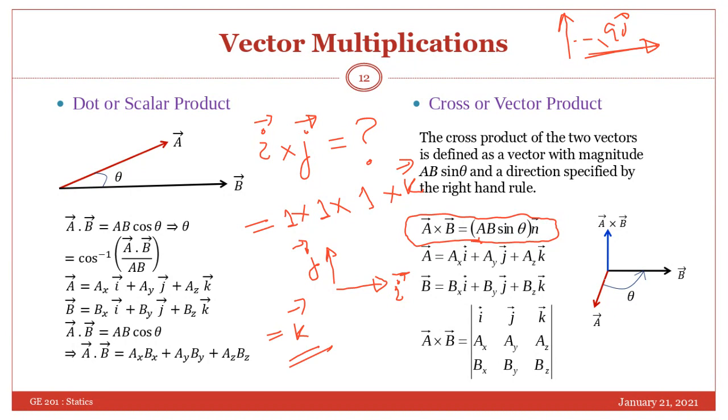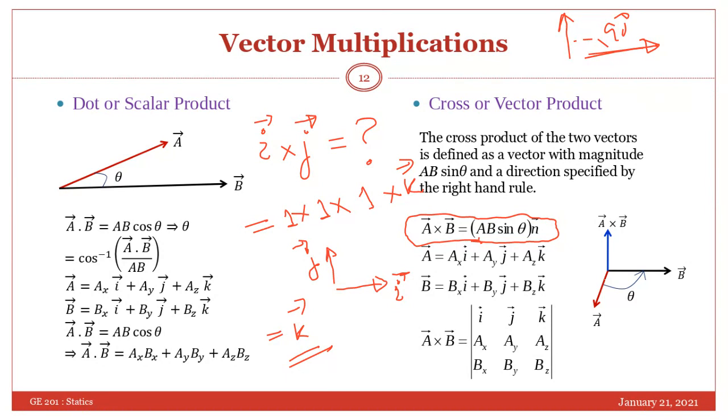Doctor, can you repeat how we find the direction? Yes. You see, i and j are in the xy plane, that is, in the plane of the computer.